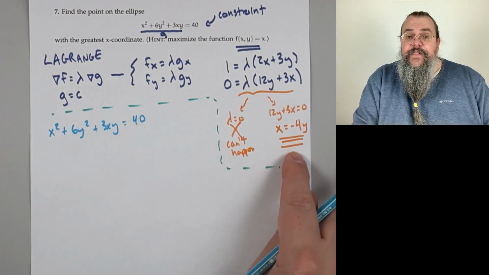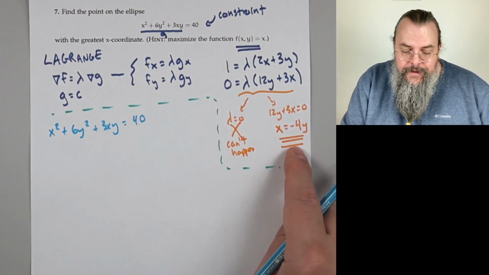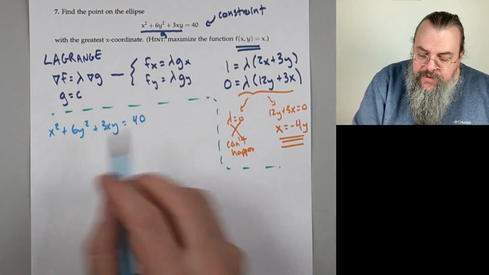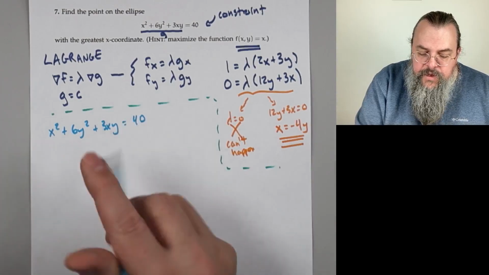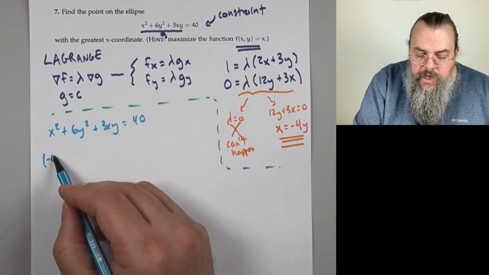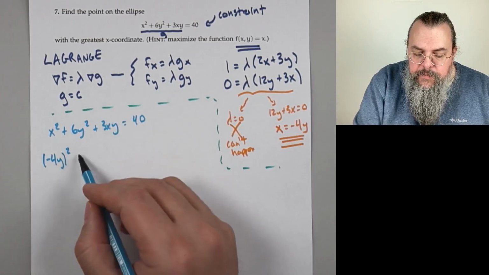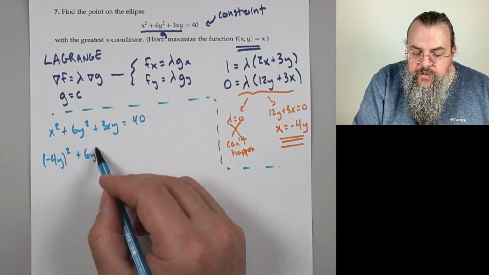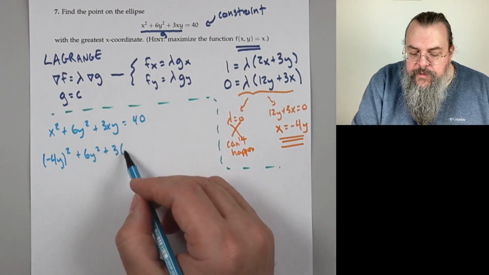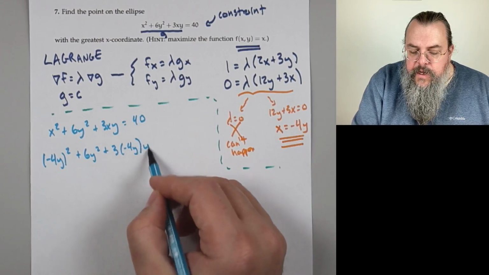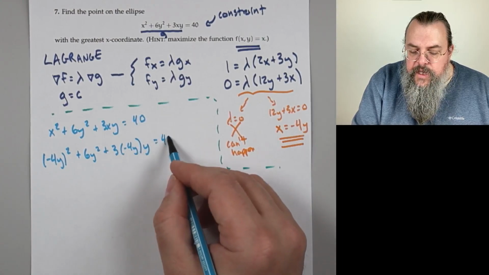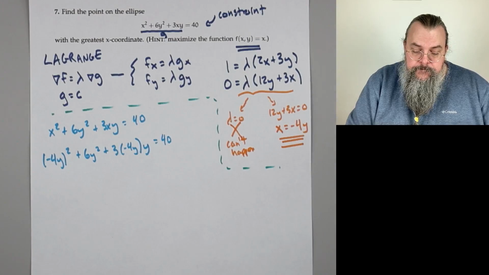But we have x equals minus 4y. So we replace everywhere there's an x, we put a minus 4y. Minus 4y squared plus 6y squared plus 3 times minus 4y times y equals 40.